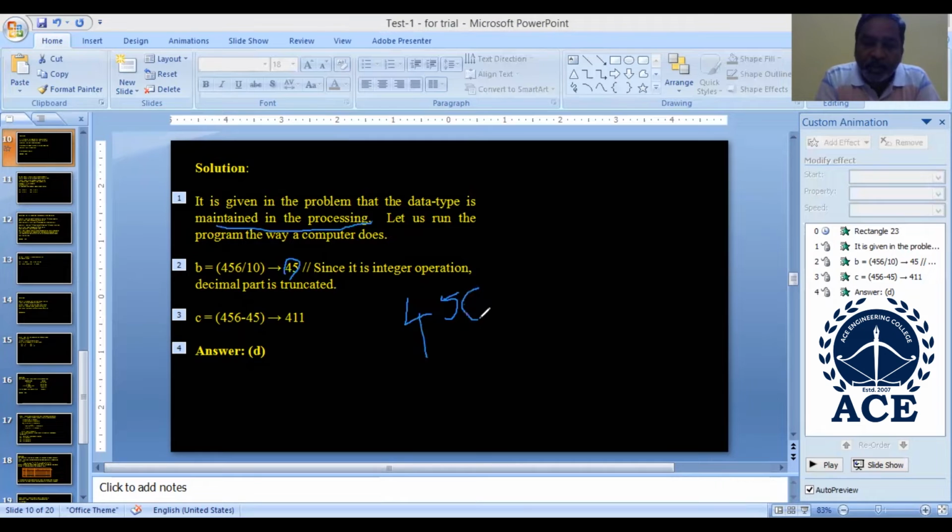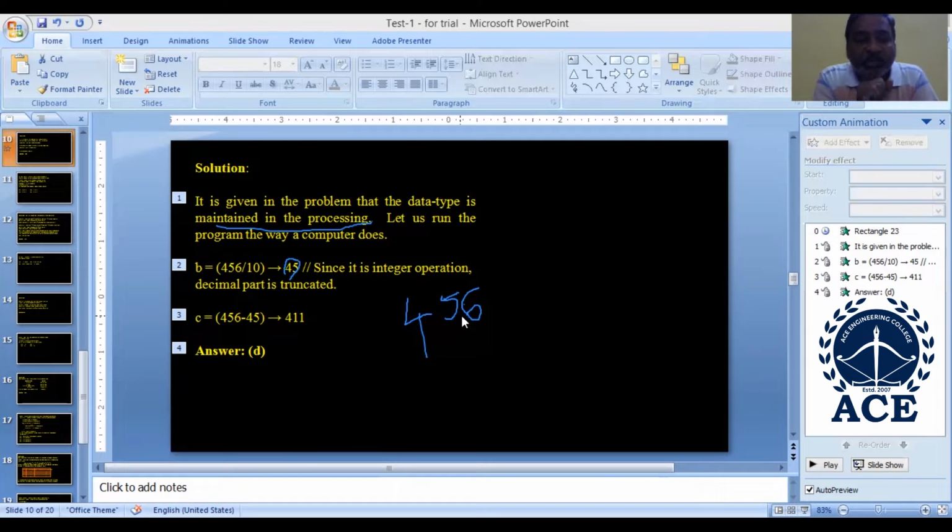Now what is happening? This 0.6 is getting truncated. Why? Because you can see in the program, all the variables are declared as integers. So truncation takes place. So B will store 45 only. Now C is equal to 456 minus 45, and that is definitely 411. So the option is D here.